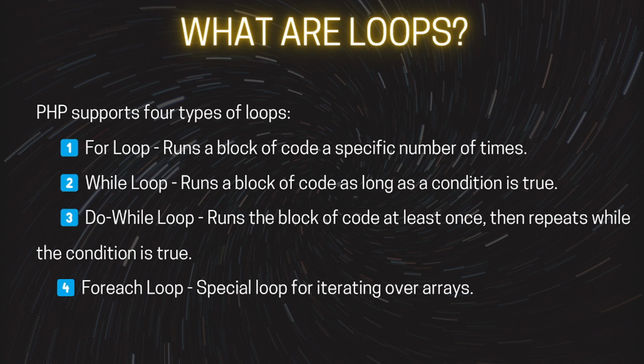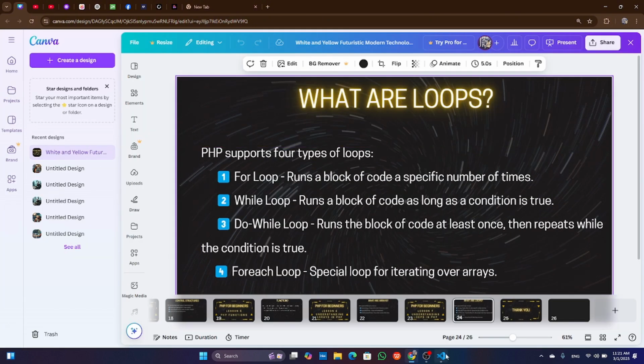The for loop is used when the number of iterations is known beforehand. I'll give you some examples.